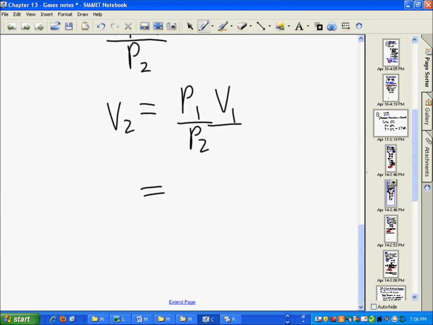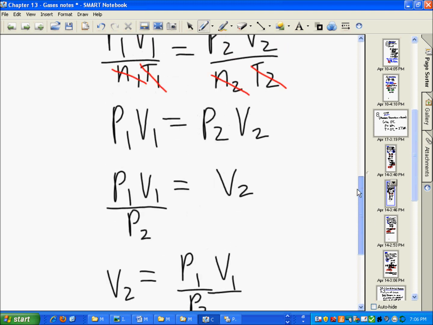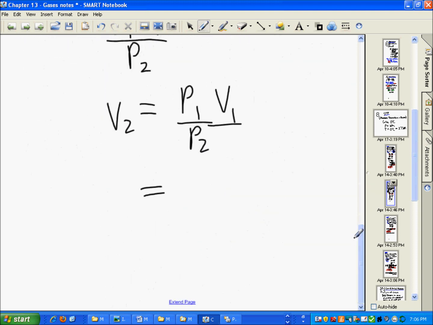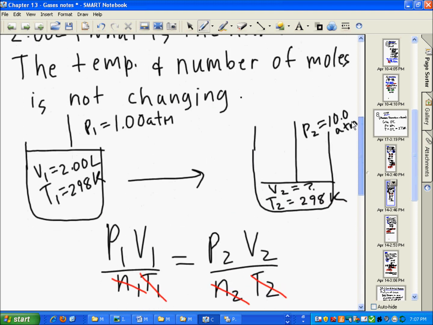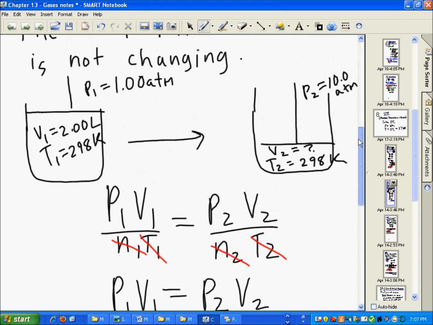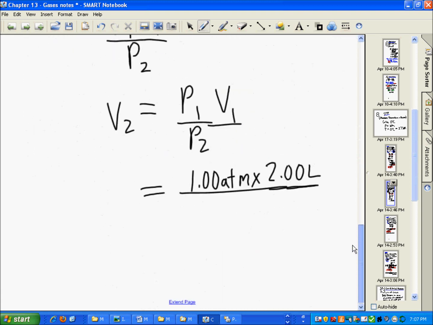So V2 is equal to, so P1 was 1.00 atm, and V1 was 2.00 liters, and P2 is 10.0 atm.